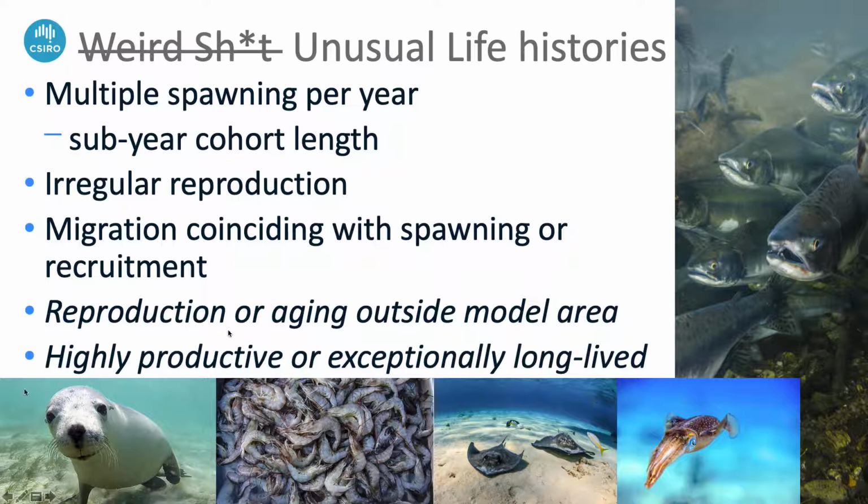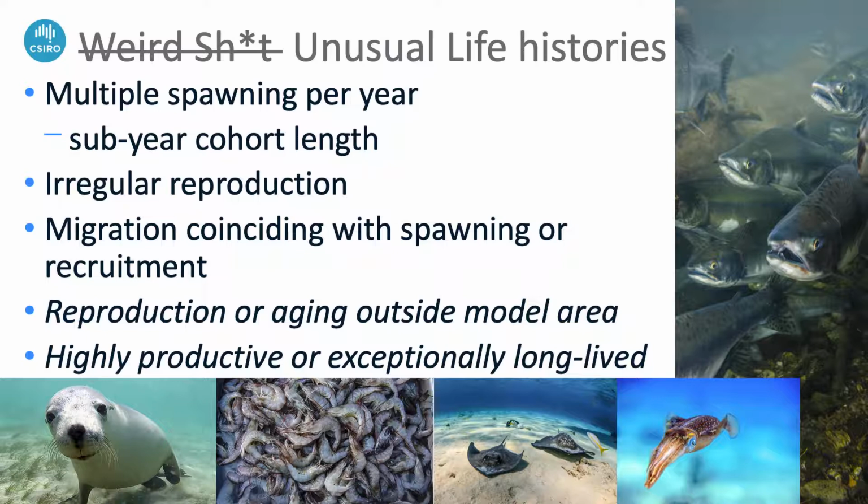This can be complicated by reproduction or aging outside the model area. Like I said, I think we've got that nailed down now, but it has historically been an issue because it's quite complicated to make sure everything ages and returns into the right array when you've got really complicated life history characteristics with extended periods, either in gestation or recruitment, and then environmental influences on returns and location of return being linked to adults and all those kind of things.